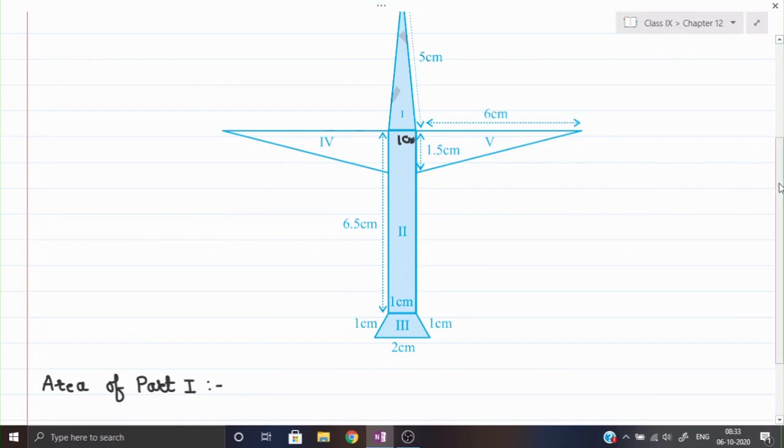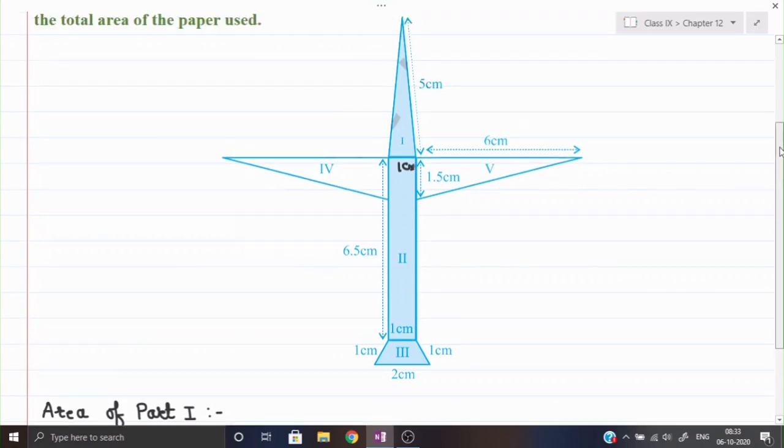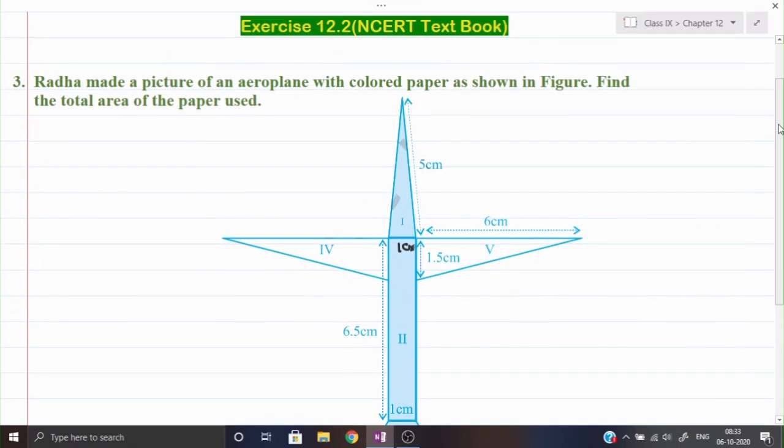Similarly, observe this triangle is an isosceles triangle. If this side is 5 centimeter, then this side will also be 5 centimeter. So basically the three sides of the triangle are 5, 5 and 1 centimeter.